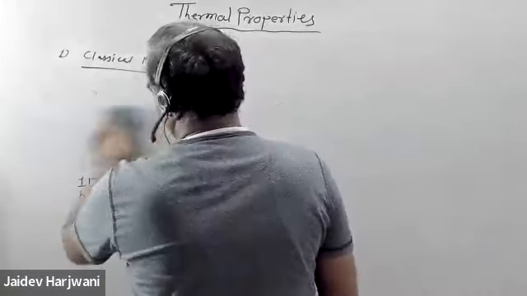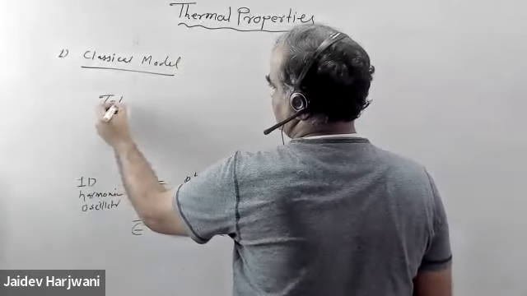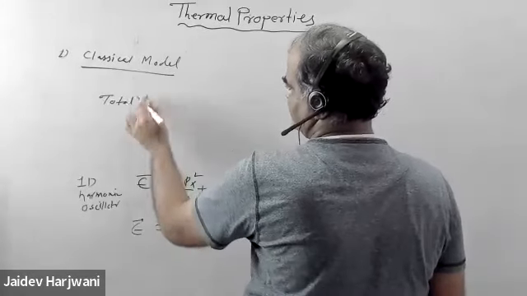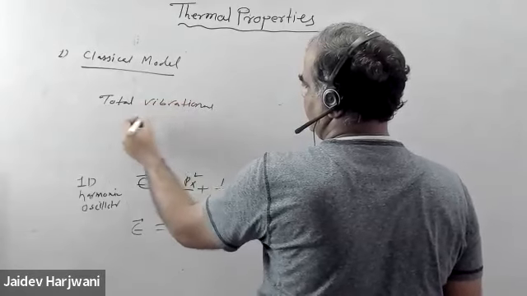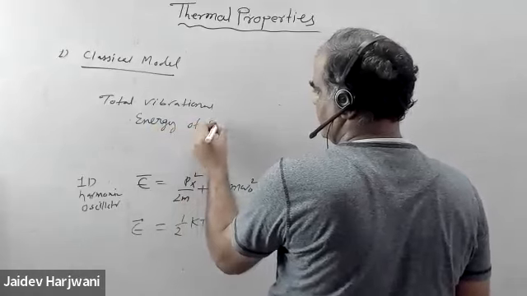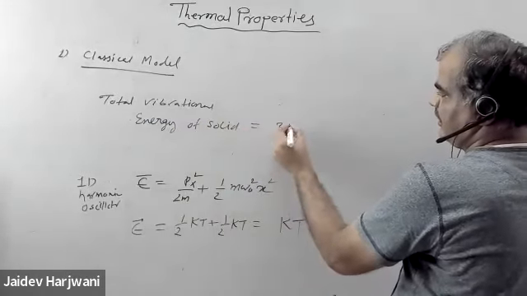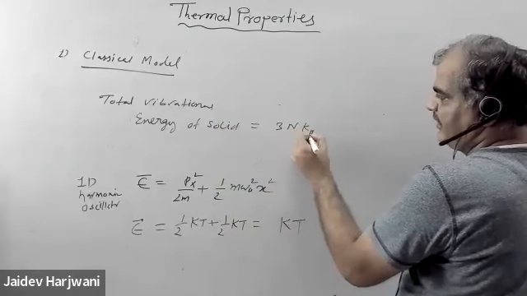So the total vibrational energy of the solid is equal to 3NkBT, where N is a number.